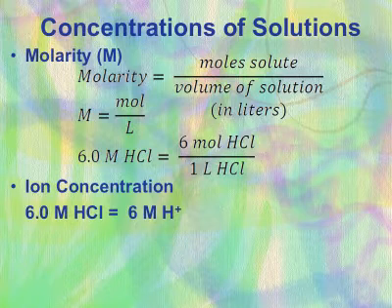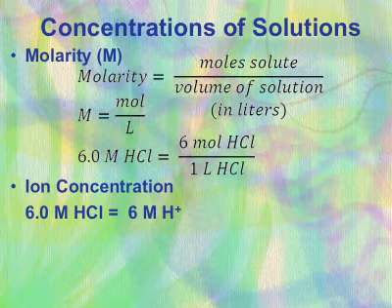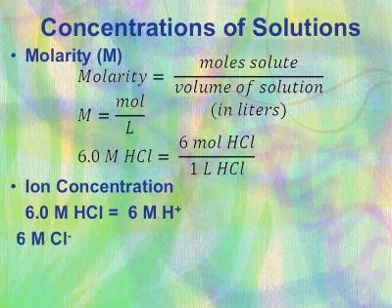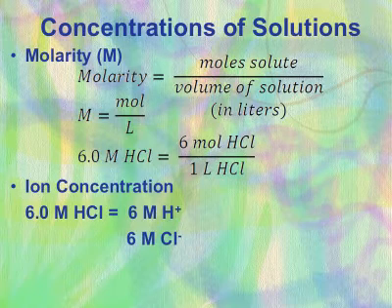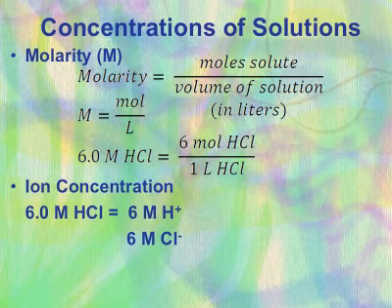If we have a 6 molar hydrochloric acid solution, we have a 6 molar solution of hydrogen, and a 6 molar solution of chloride. It's a 1-to-1 ratio. We have 1 chlorine to 1 hydrogen, right? So we have 6 molar ion concentration of hydrogen, 6 molar ion concentration of chlorine. But do you think we're always going to have a 1-to-1 ratio? No. So let's do this one.